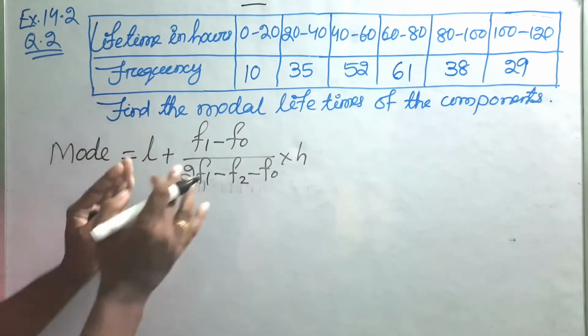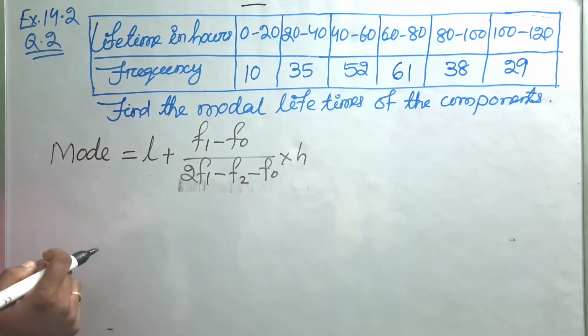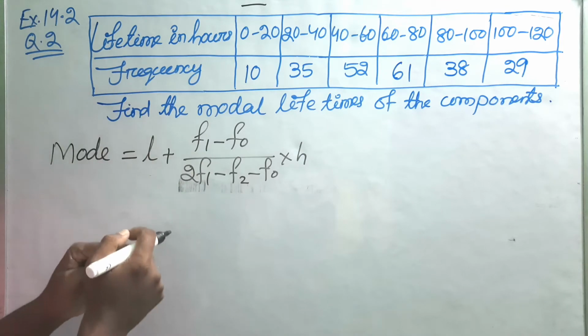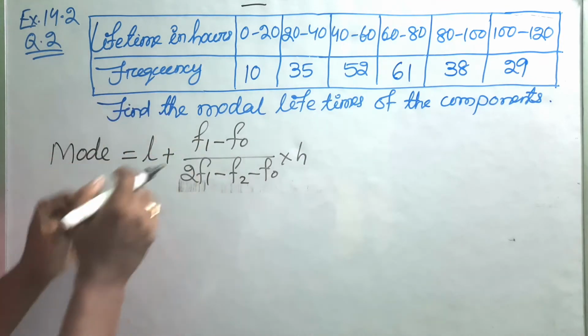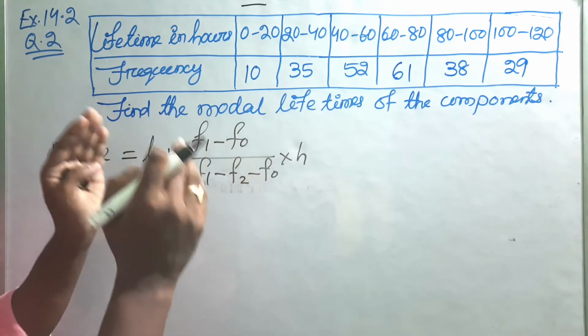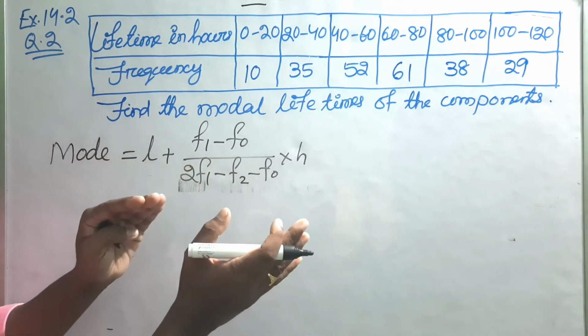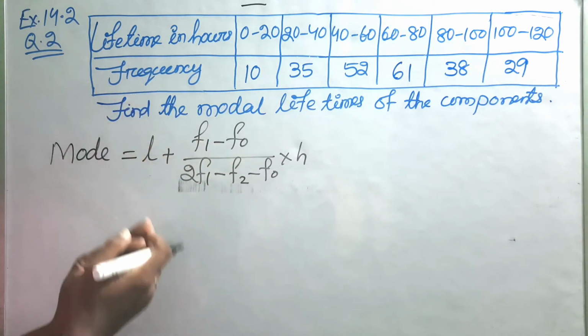L is the lower limit of the modal class, F1 is the frequency of the modal class, F0 is the frequency of the preceding class, that is the previous class of the modal class, and F2 is the frequency of the succeeding class, that means next to the modal class. Then H is the class size.